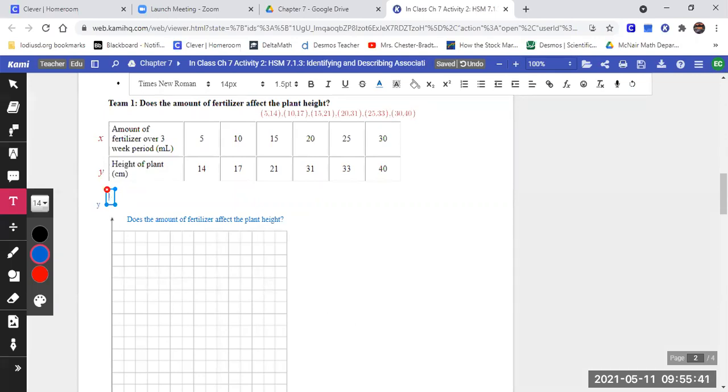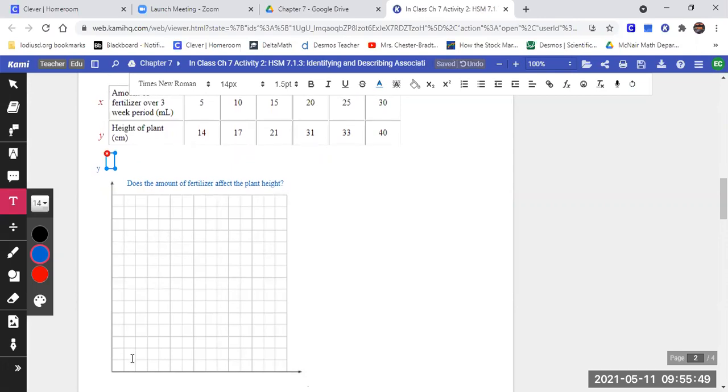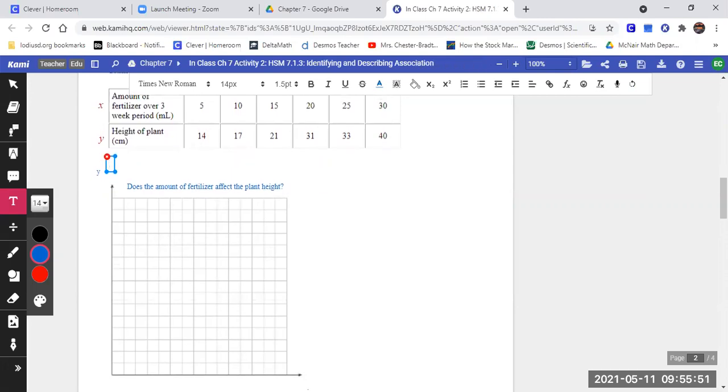What does the number 14 stand for? What were we measuring? What words are next to the Y in our table? That's what we're measuring. So can somebody do it? What are we measuring by? What does the Y stand for? Be specific.